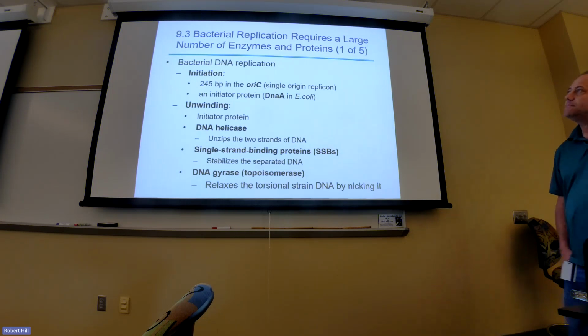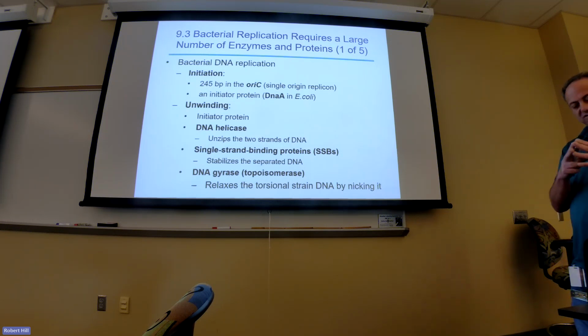All right, so let's talk about a little bit. Replication starts at an origin of replication, and the size of that origin is about 250 base pairs. There are initiator proteins called DNA A that bind to the origin of replication and start to unwind it a little bit.